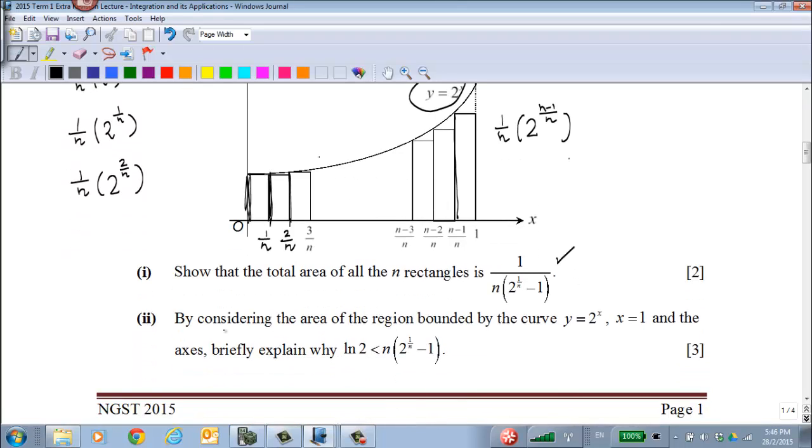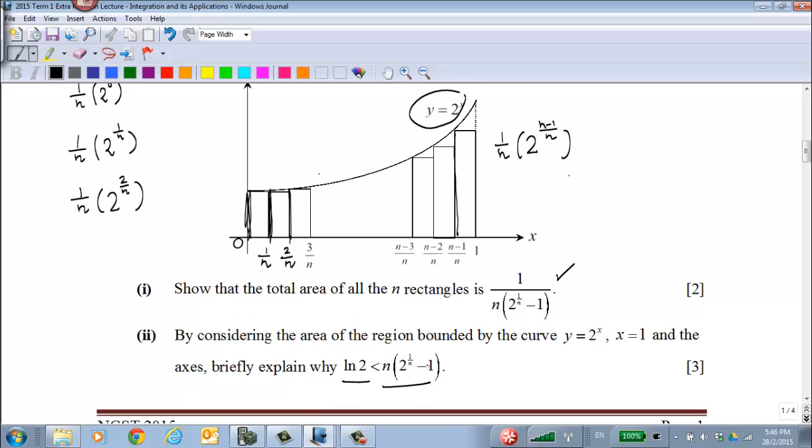So how do we then consider the area bounded by the curve and explain why this is so? If you look at it, the area bounded by the curve, the x-axis and x equals 1 is here. You can see that the area of the n rectangles is less than this area under the curve.